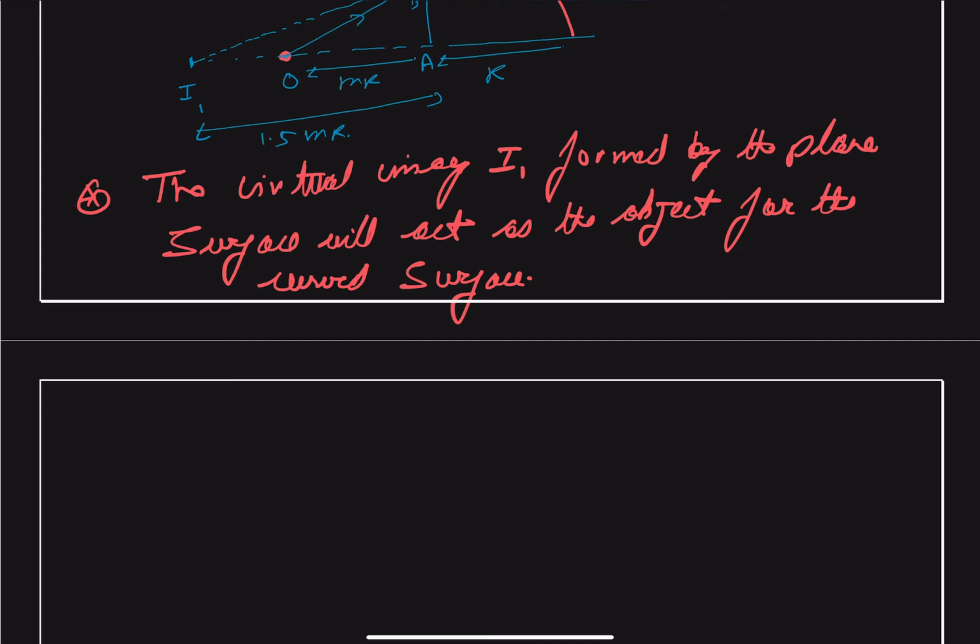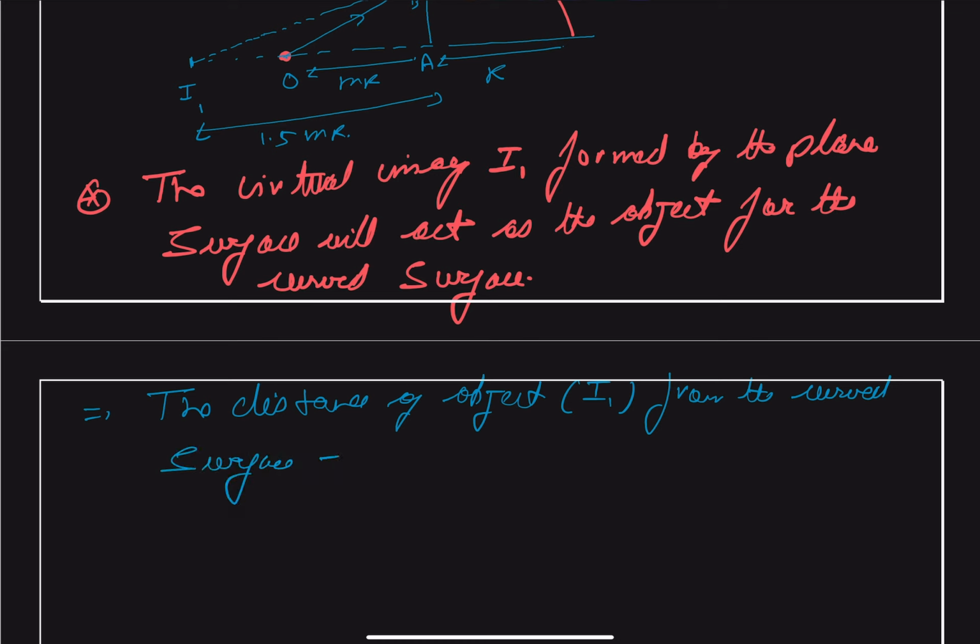So therefore, we can say that the distance of the object from the curved surface, which is basically our I1 from the curved surface, let us call that u prime, and that u prime will be equal to what we just found out, our v, plus r.